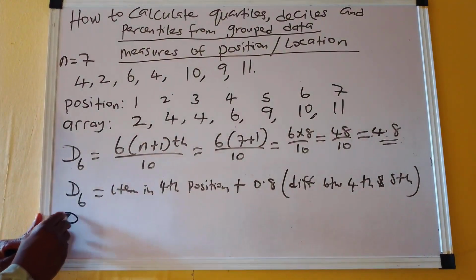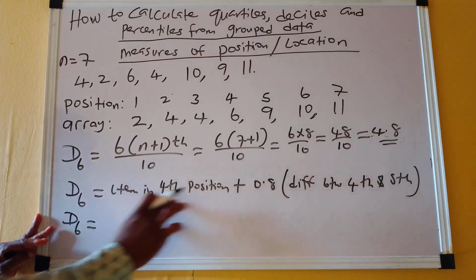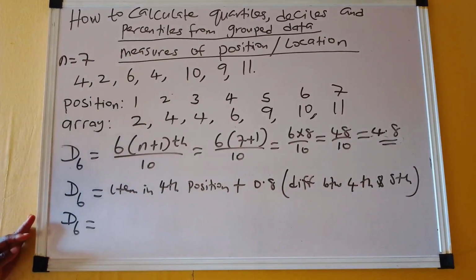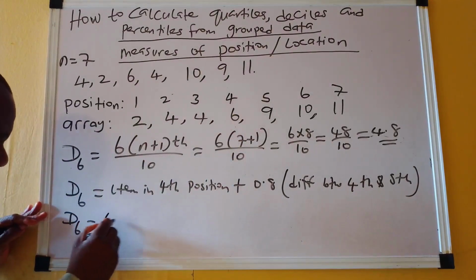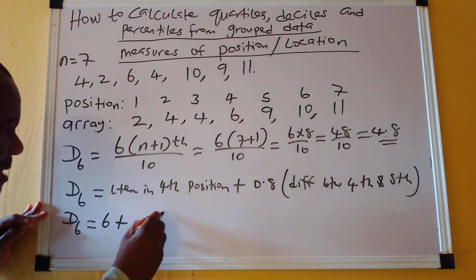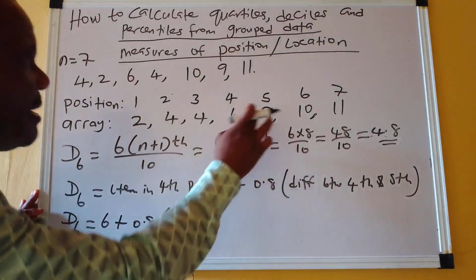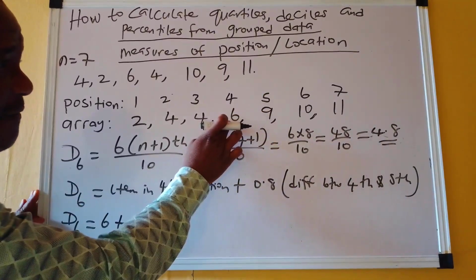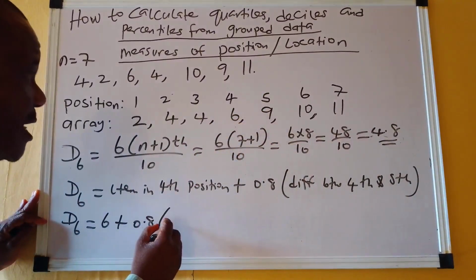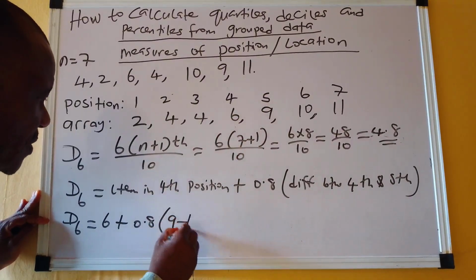So my D6 will be equal to the item in the 4th position. The item in the 4th position is 6. So it will be 6 plus 0.8 into, now the item in the 5th position is 9. The one in the 4th position is 6. It will now be 9 minus 6.